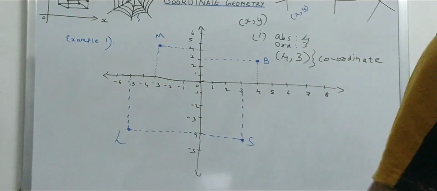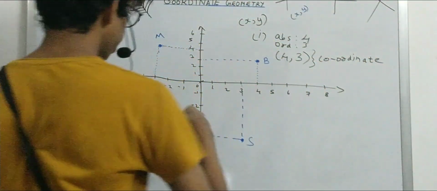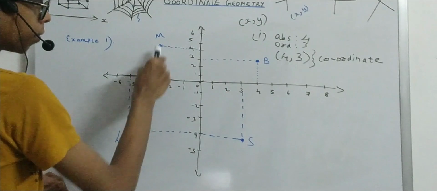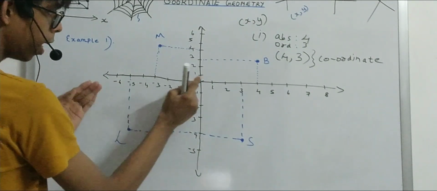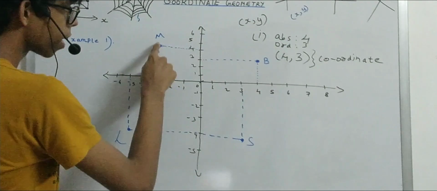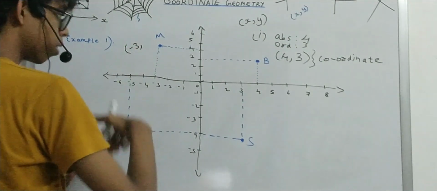Now our second one is, the x coordinate and y coordinate of the point M are dash and dash respectively, hence the coordinates of M are dash. Let's see where M is lying. The point M lies over here. First of all, look at the x-axis. Along the x-axis the point is coming to -3, so I should write -3 first.